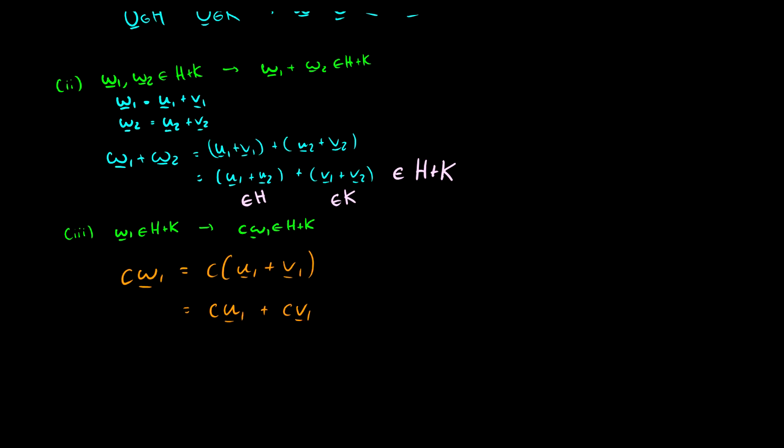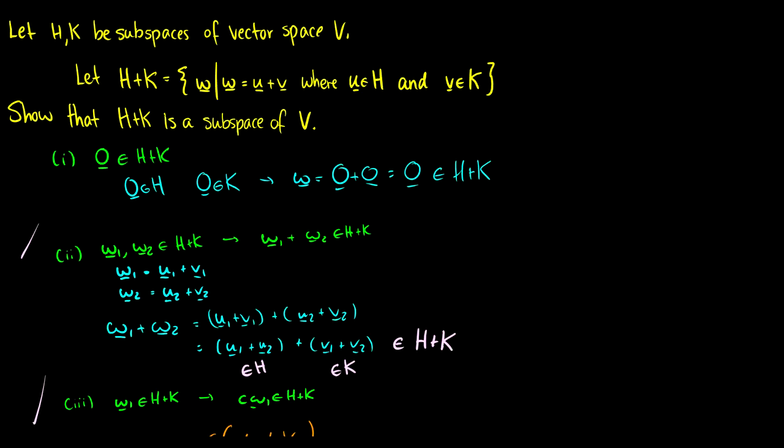So once again, this c u1 is going to be in the subspace H, and c v1 is going to be in the subspace K. Therefore, our c w1 is of the form of a vector from H plus a vector from K. Therefore, this is also going to be in the subspace H plus K. So the three conditions hold. Therefore, H plus K is a subspace of V.